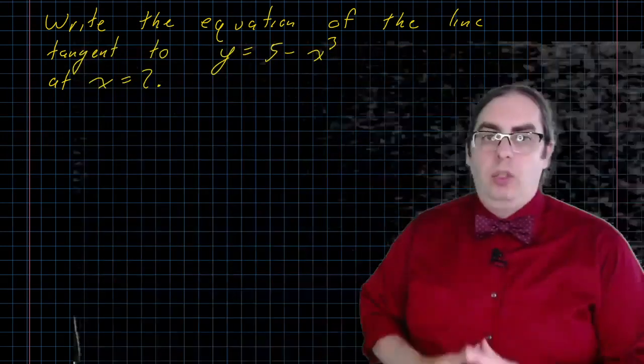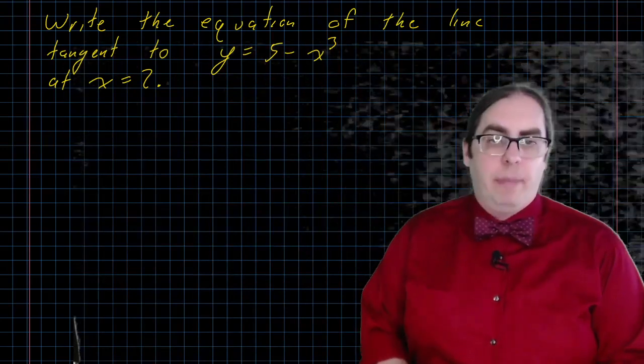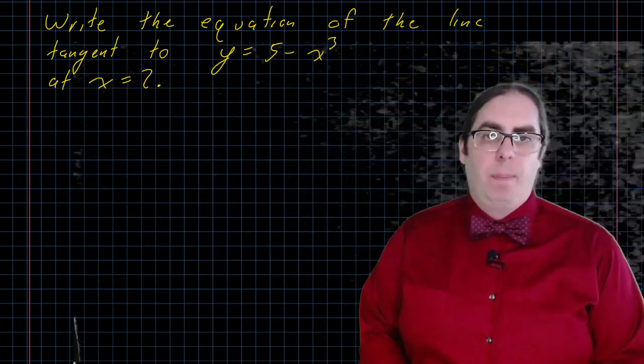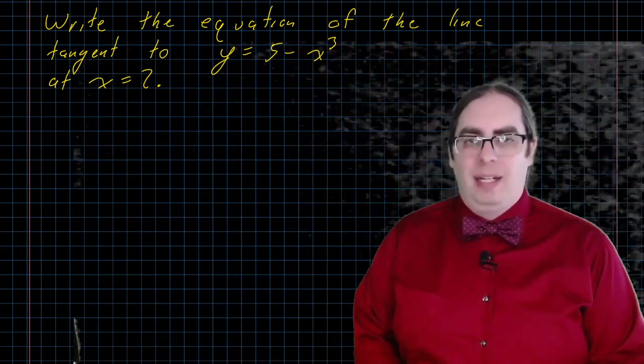All right. I would like you to write the equation of the line tangent to the graph y equals 5 minus x cubed at the point where x is equal to 2. Take a couple of minutes, see what you can do with that one, and I'll see you in the next video.